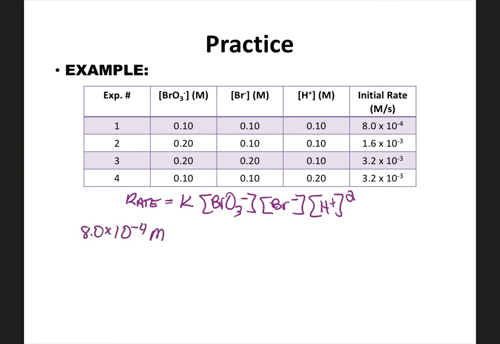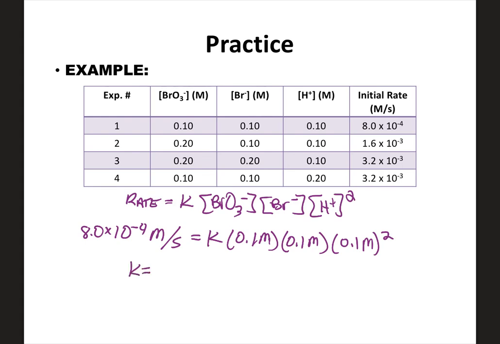Again, pay attention to your units here. Molar per second. We're solving for K. Concentration of BrO3 minus is 0.1 molar, times concentration of Br minus, 0.1 molar, times concentration of H plus, which is 0.1 molar, but it's got to be squared.